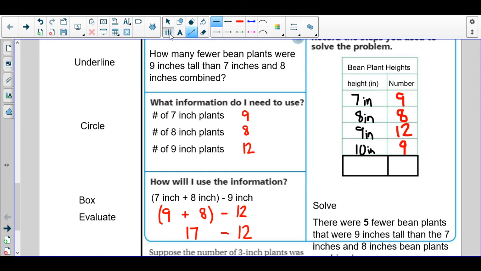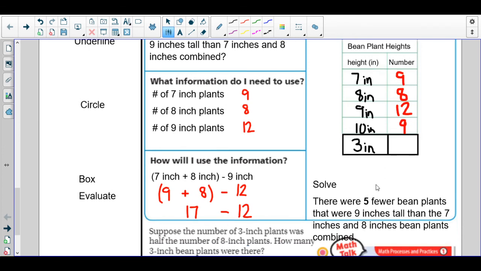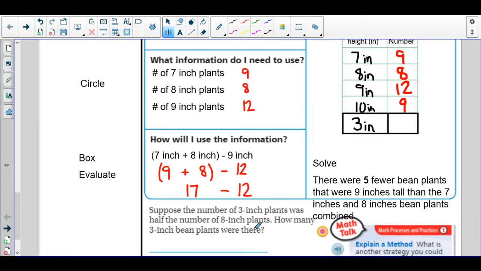And say there were 3-inch plants. So we have a 3-inch plant, and the number is going to be half the number of 8-inch plants. So if there were 8 8-inch plants, half of that would be 4.